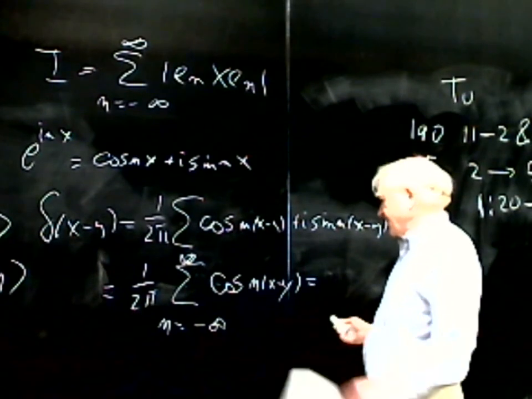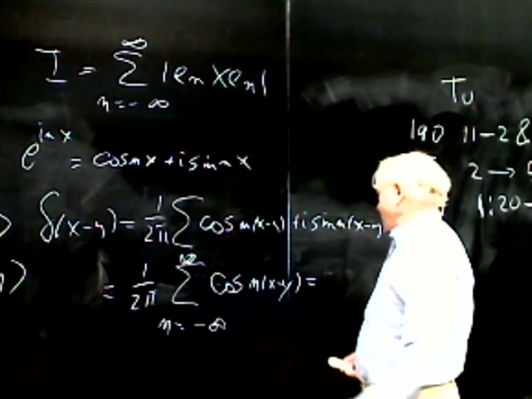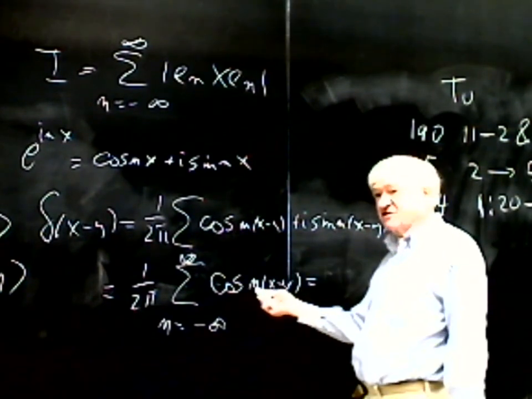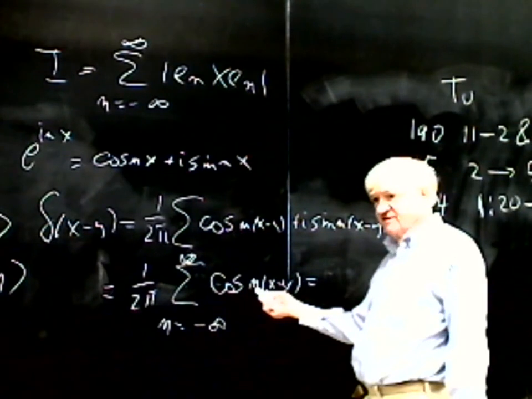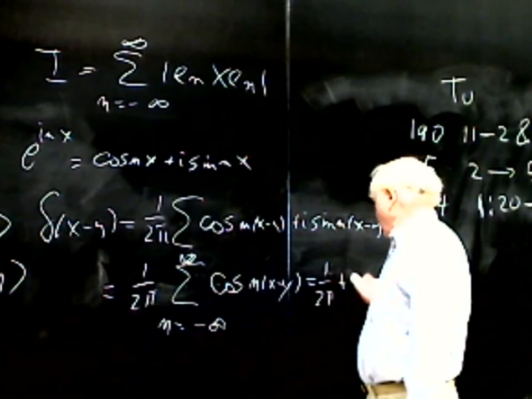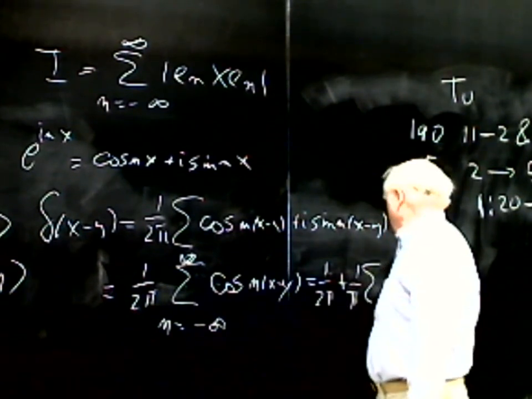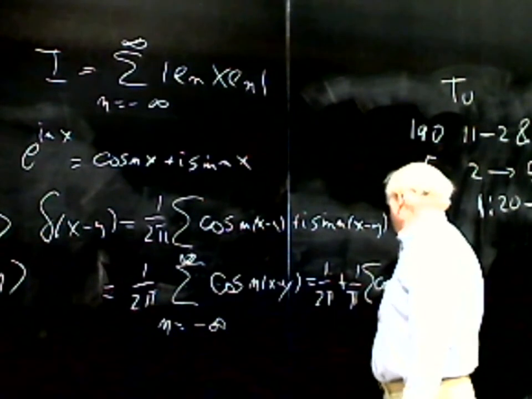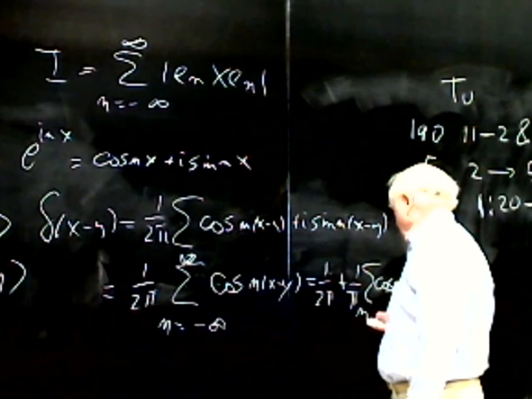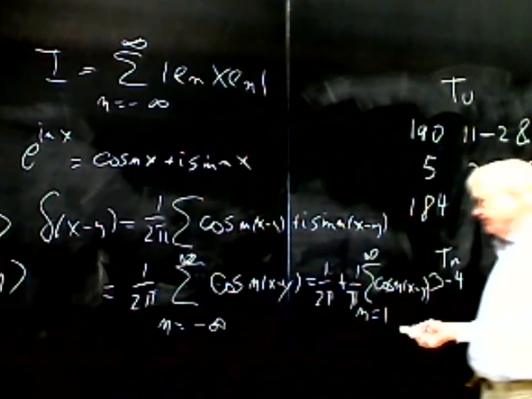And equivalently, now the cosine is even. So in fact, the first term is n equals 0, that's just 1. Cosine of 0 is 1. So this is 1 over 2 pi plus 1 over pi sum cosine n x minus y, n equals 1 to infinity.